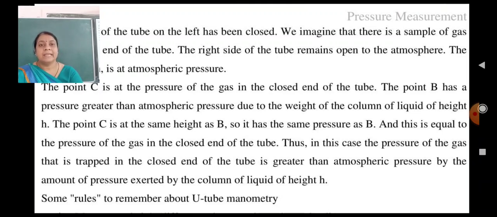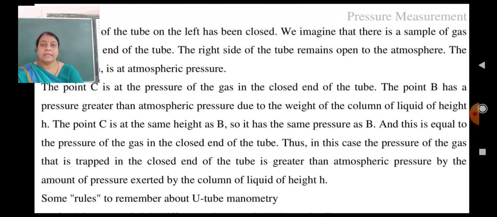The point B has a pressure greater than atmospheric pressure due to the weight of the liquid of height h. Point C is at the same height as B, so it has the same pressure as B, and this is equal to the pressure of the gas in the closed end of the tube.